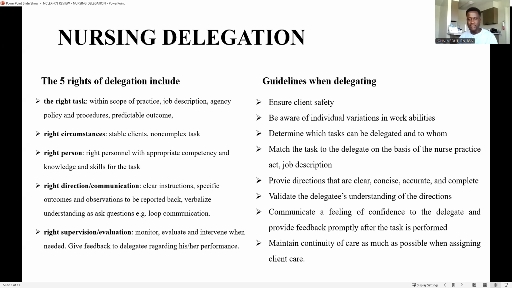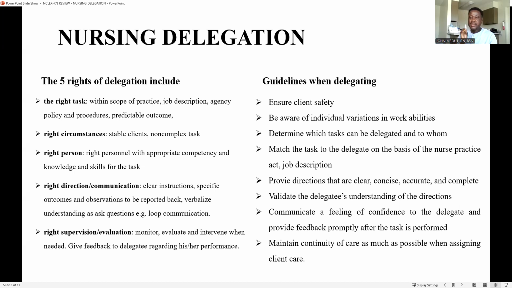It is the process of transferring performance of a selected nursing skill or task in a situation to an individual who is competent, authorized, and capable of performing that specific task.